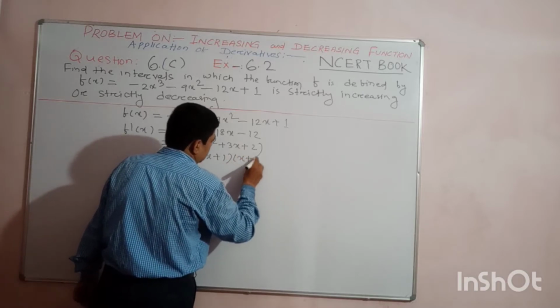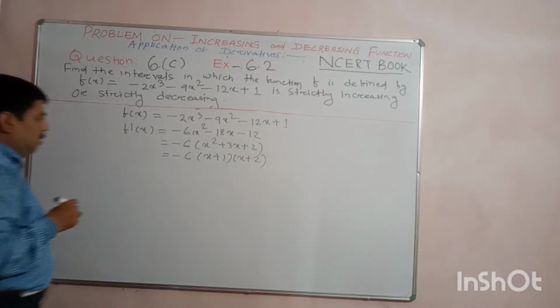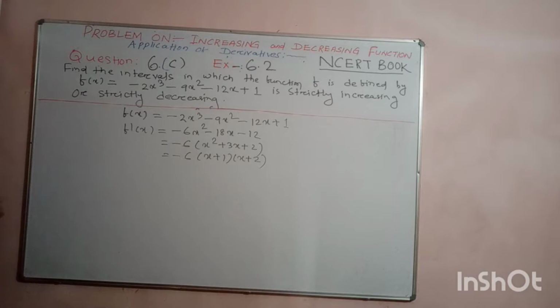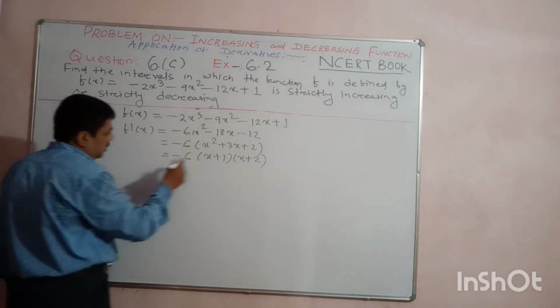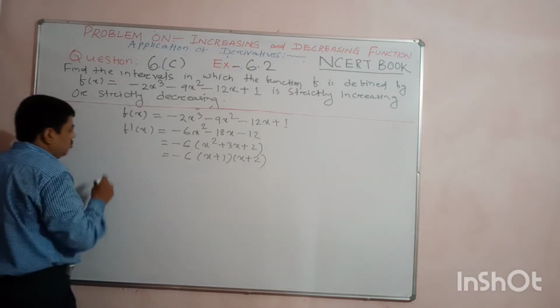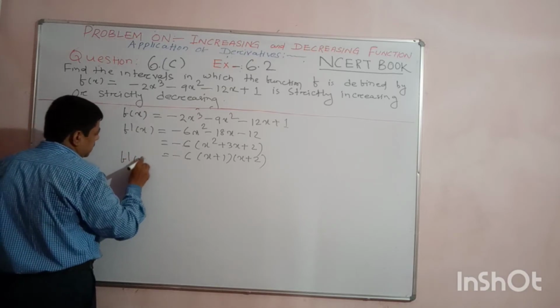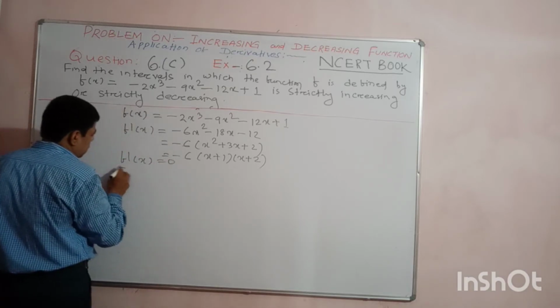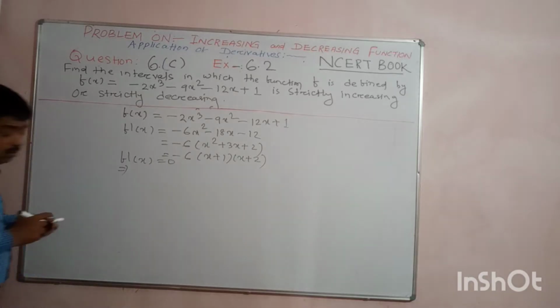After factorization we get f dash x equal to minus 6 into x plus 1 into x plus 2. Now equate the derivative of the function to 0, and this is the point where the function is divided into different intervals.